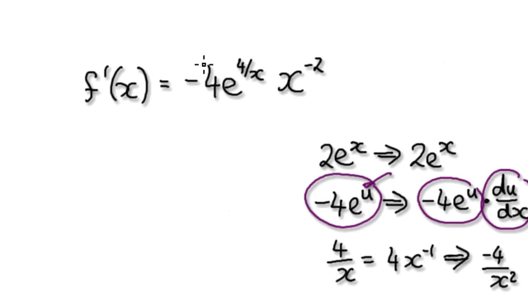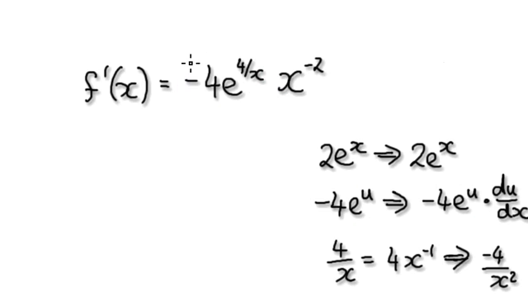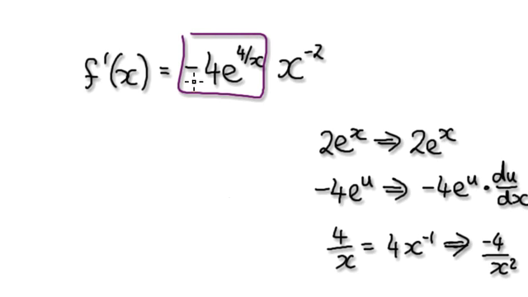Okay, so now we've got to differentiate this here. So we're going to use the product rule. The product rule is to differentiate this, leave this the same, and then leave this the same, and then differentiate this. But when you differentiate this, it's quite difficult. So when you try and differentiate this, it will become this, and then you've got to times du by dx.